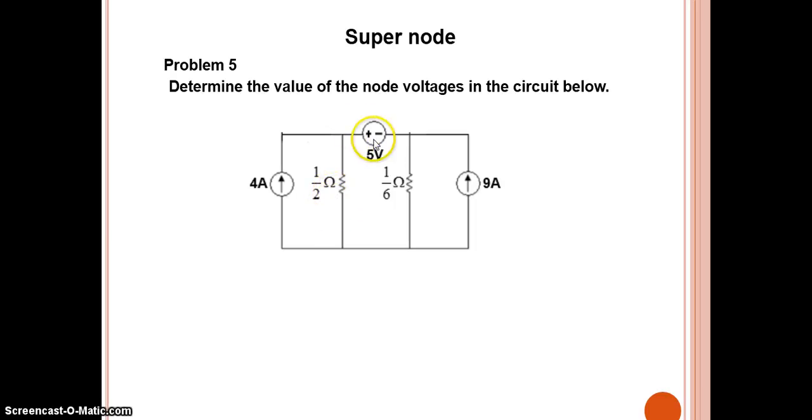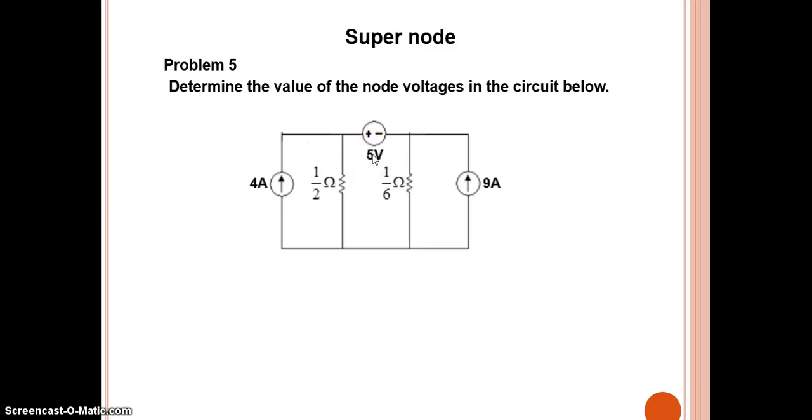See, this voltage source is present between two non-reference nodes. Such a problem we cannot solve using the previous way of nodal analysis. So here we have to use the concept called a supernode.